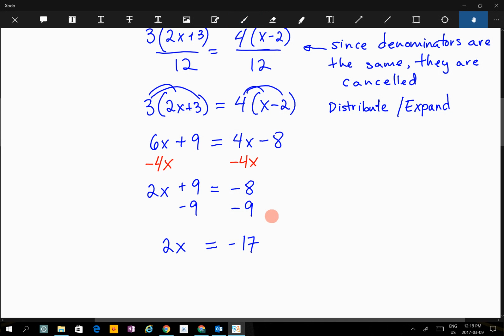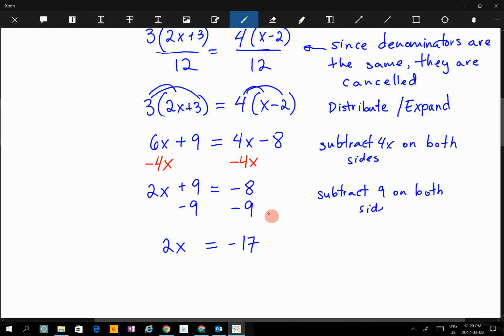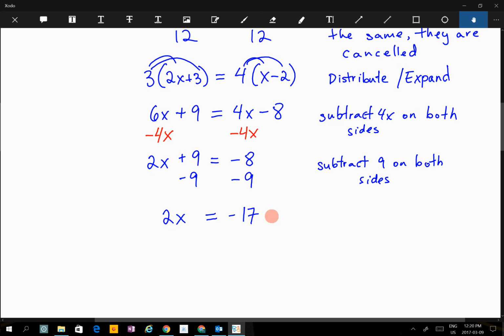So just filling in my steps here, I have subtract 4x on both sides, and here I subtract 9 on both sides. And then here, to get x, our goal is to isolate for x, so here I should be dividing by 2, and we'll do it on both sides, divide by 2. Okay.